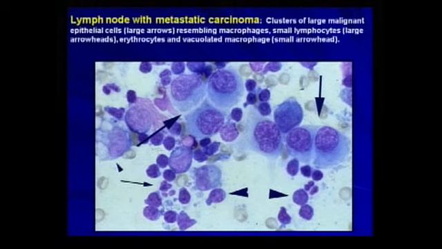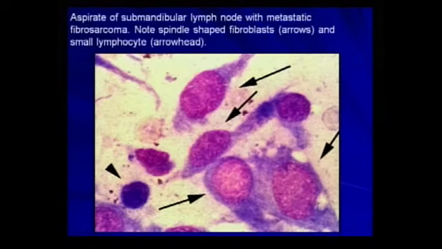Note the presence of a large vacuolated cell with an indented nucleus. This is a macrophage and not a carcinoma cell. It is fairly uncommon in my experience to see lymph nodes with metastatic sarcomas.